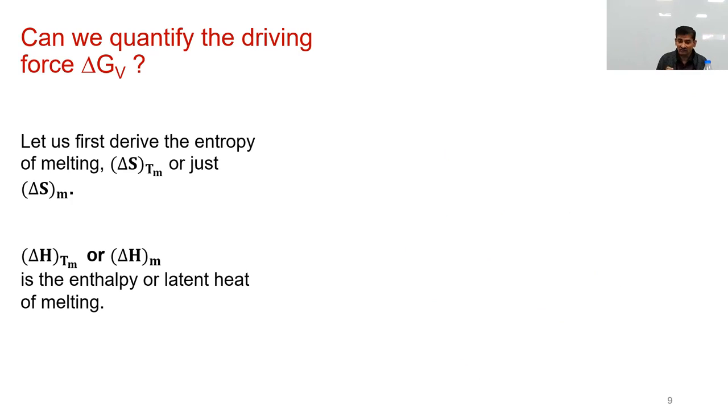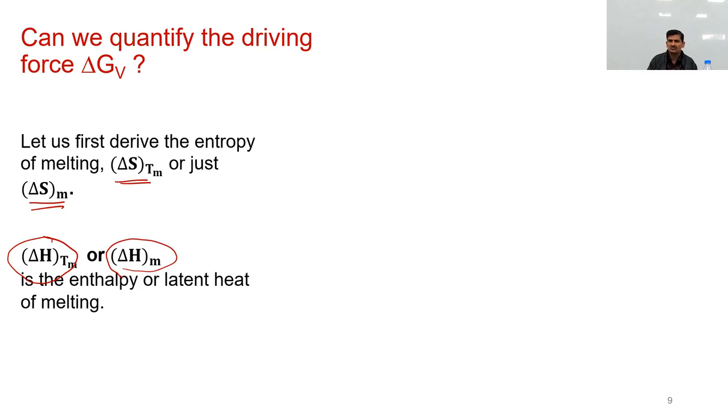The entropy change at the melting point, we'll call delta S Tm, or simplify it to delta Sm, M for melting. Likewise, the enthalpy or latent heat of melting, the enthalpy change on going from solid to liquid or liquid to solid at the melting point, is delta H Tm, which we'll simplify to delta Hm.